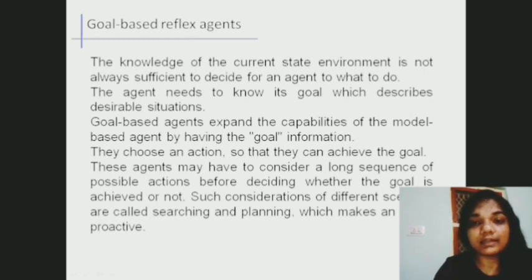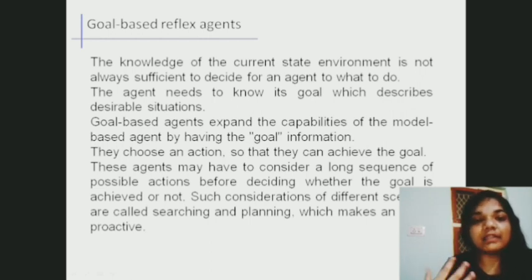The knowledge of the current state of the environment is not always sufficient for the agent to decide what to do. The agent needs to know its goal, which describes desirable situations. Goal-based agents expand the capabilities of the model-based agent by having the goal information. So it has all the things that were present in the model-based agents, but the difference is it has the information of the goal also.